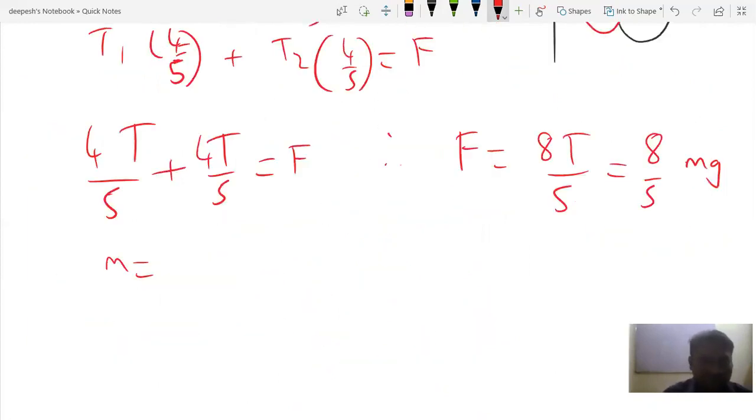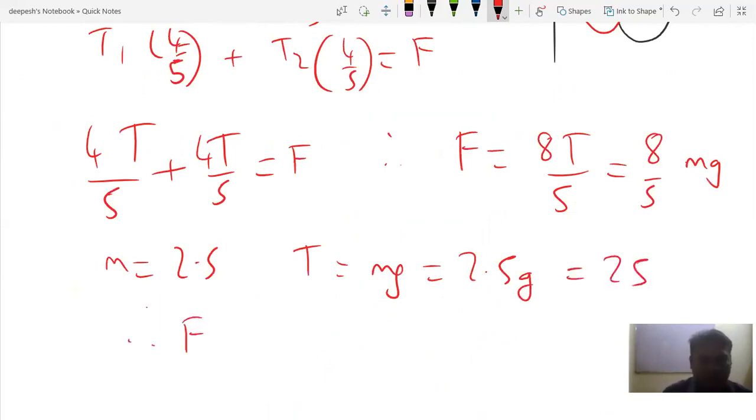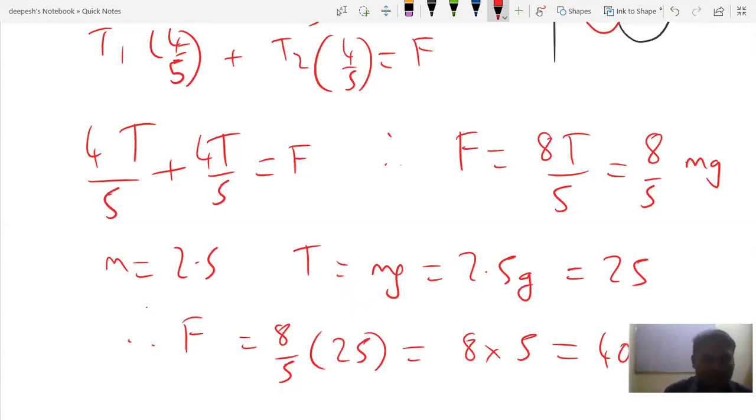So M is 2.5. T is mg, which is 2.5 G, which comes out to be 25. So force will substitute 8 upon 5 into mg, which is 25. So 8 into 5, 40 Newton. So the value of force comes out to be 40 Newton. So this is the answer to illustration 7.